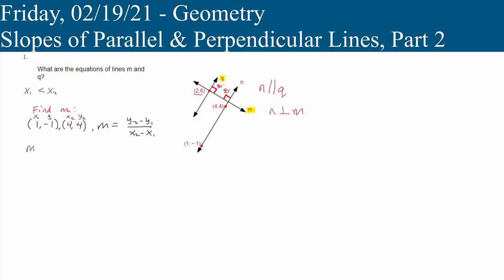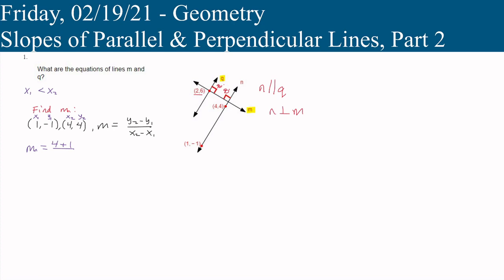So the slope for line n, because we're looking at those 2 points, right? I'm going to put a little subscript n there, equals y2 we've identified as 4 minus y1 is -1, which is really just going to be 4 minus the negative number is going to be 4 plus that number.